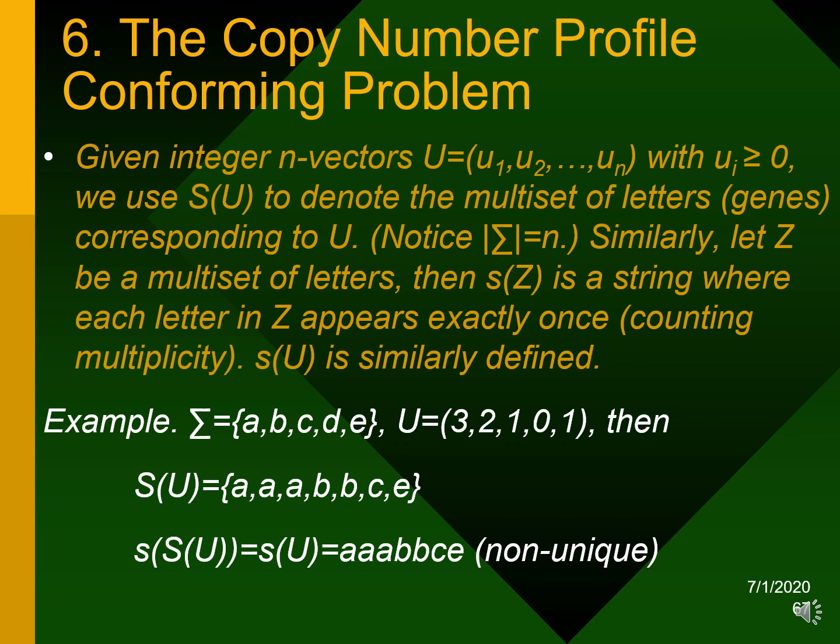Little s of Z is a string where each letter in Z appears exactly once, certainly counting multiplicity in this case. So, for example, with respect to this U, little s of S(U) is simply AAABBCE. And remember that this little s of S(U) is not unique. Certainly, you can take any permutation of this, and we will make use of this property.